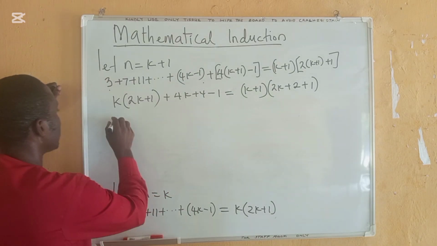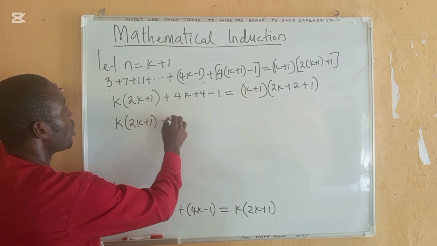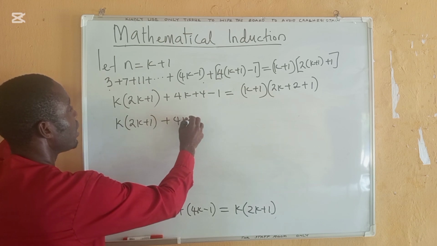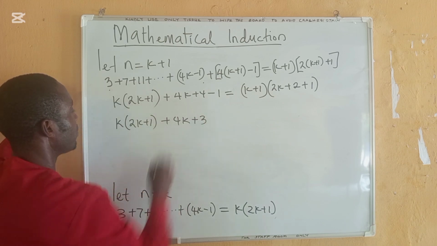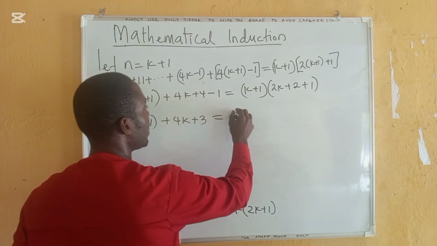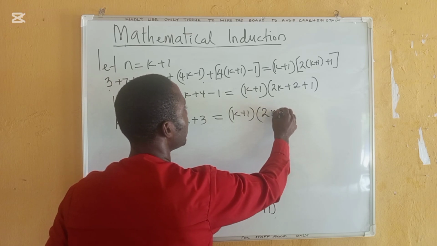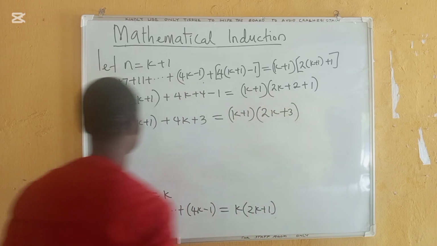So this will give us k into 2k plus 1 plus 4k plus 3, which is the same thing as k plus 1 into 2k plus 3.